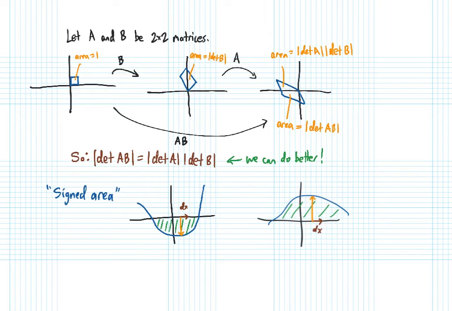You've got your dx pointing to the right, and then your f of x is pointing in the vertical direction. But you'll notice that the relationship between the two vectors is different in the different pictures. In the case where the integral is positive, you go from dx to f of x by rotating 90 degrees in the counterclockwise direction. Whereas in the case where the integral is negative, you go from dx to f of x by rotating 90 degrees in the clockwise direction.